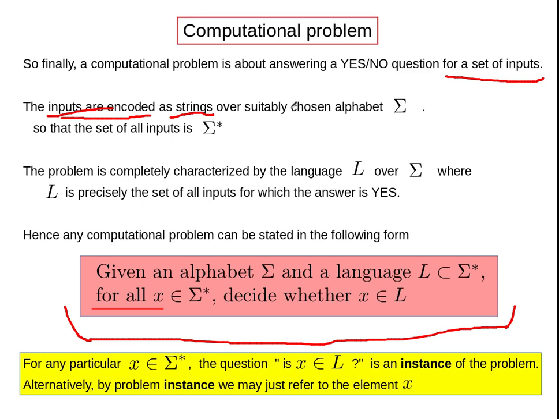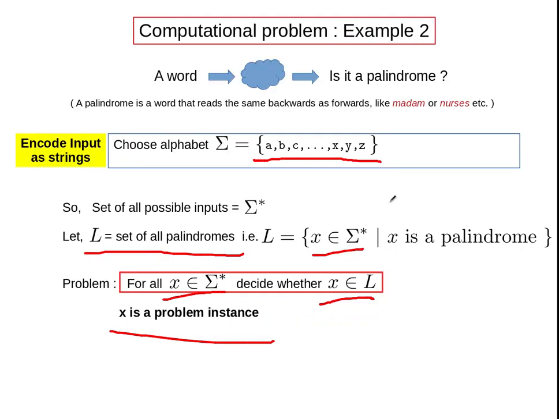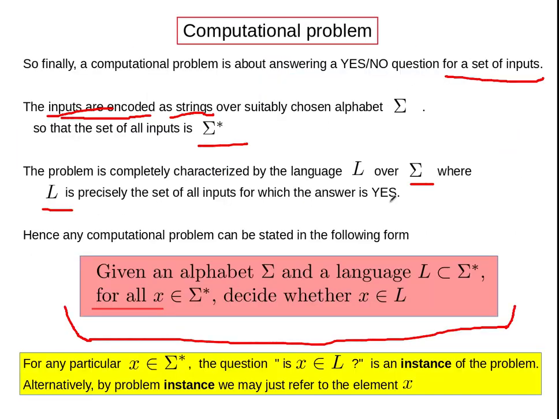As I said, you can choose your alphabet. So the set of all inputs is this sigma star, and the problem is completely characterized by the language L over this alphabet sigma. And what is L? L is precisely the set of inputs for which the answer is yes. That is what we did in examples 1 and 2. You take all the yes instances of strings, and that gives you the language over sigma, and then the computational problem is just that.